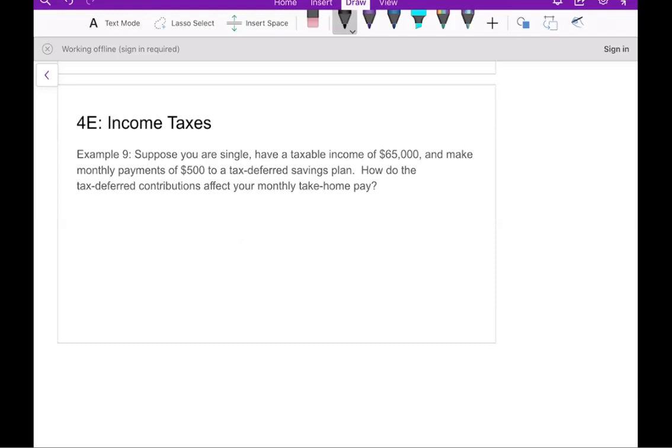Now, what's going to happen is that since your taxable income was $65,000, but you made monthly payments of $500, and this was tax deferred, multiply this by 12, and this means that $6,000 went to the tax-deferred savings plan.